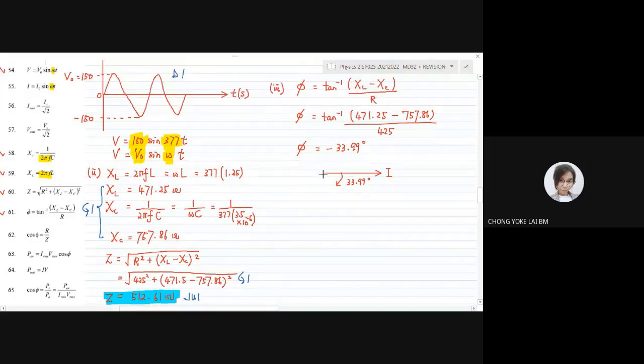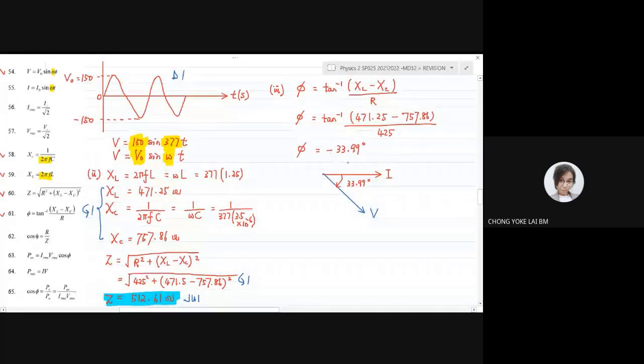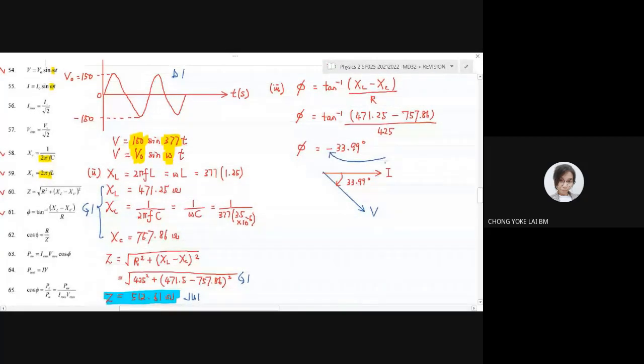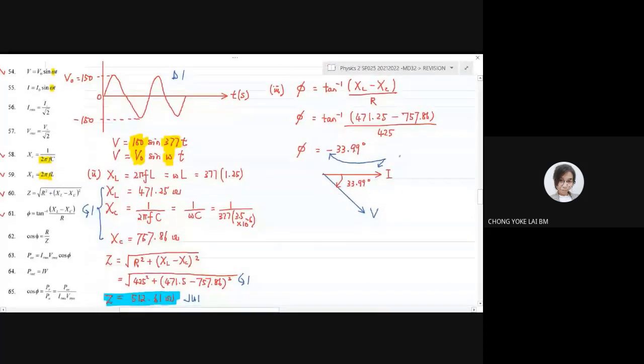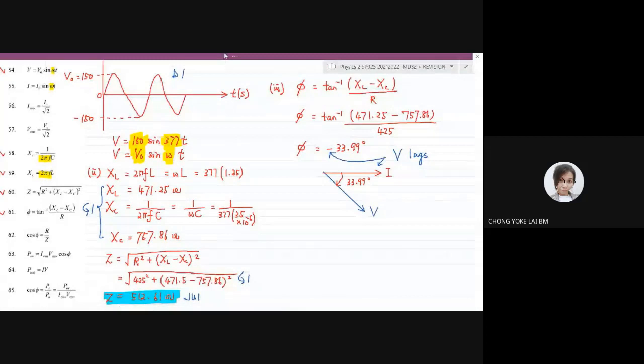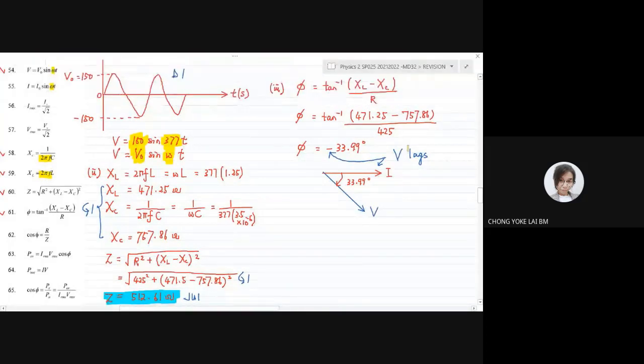So phasor voltage duduk bawah ni. Sebab phase angle adalah angle between voltage and current kan. So anda akan nampak daripada negatif ni dan juga phasor diagram you, your voltage lag. Okay, your voltage lag. So our answer will be this one lah. Our voltage will lag current.